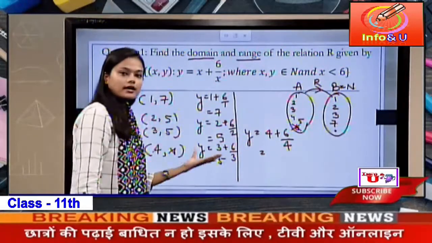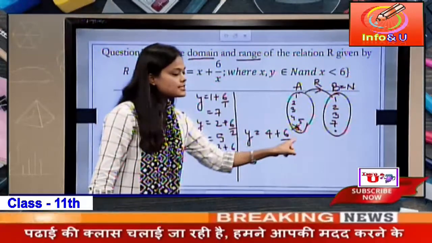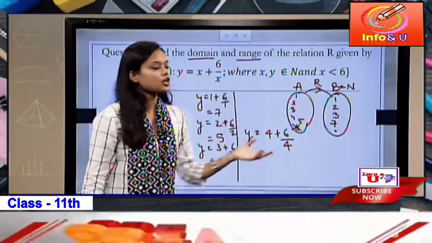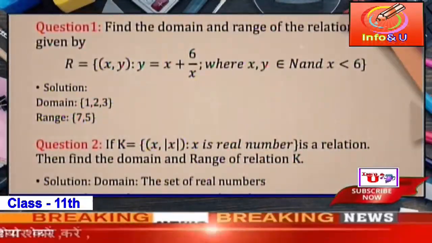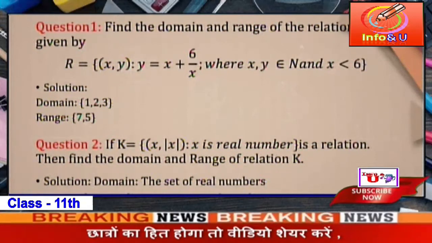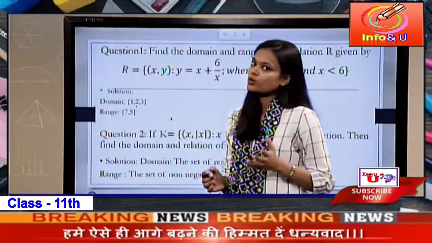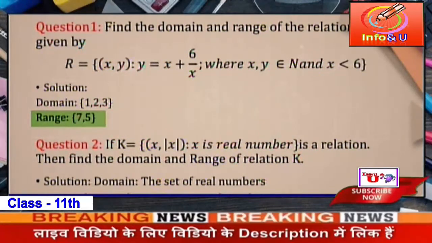Similarly, we are going to find each and every image of each and every element in the set A, and see whether it has an image in codomain B or not. So you can see what we get. We get domain as 1, 2 and 3. 4 and 5 will not have an image, and range is 7 and 5.